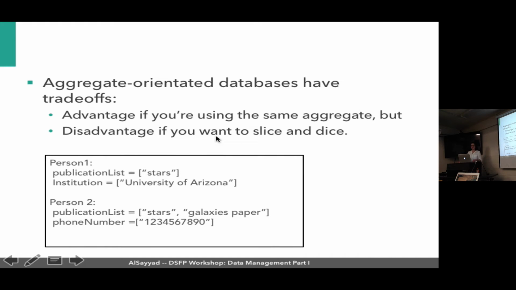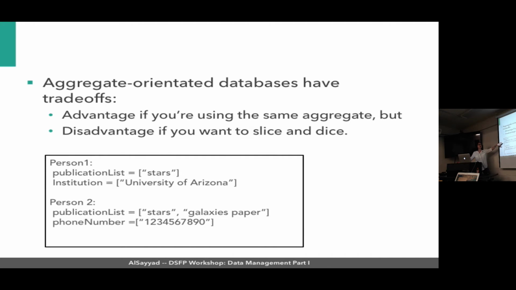So putting this concept of being aggregate oriented into context of the example that we used yesterday of astronomers, people, and their publications. In one of these key-value NoSQL databases, for example, your key could be a person ID, and then the value is just a collection of information about this person.